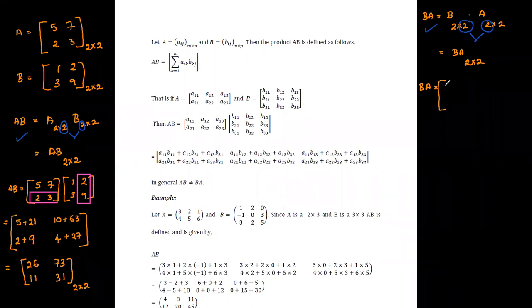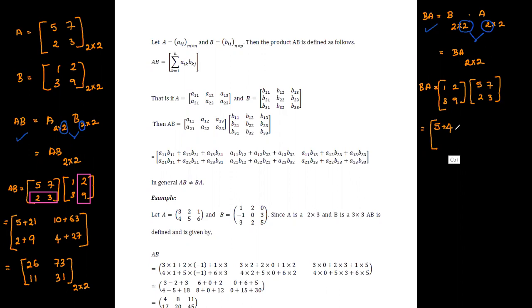Now we'll try to obtain this matrix product BA. Matrix B is given as 1, 2, 3, and 9. Matrix A is given as 5, 7, 2, and 3. Now if you perform the calculations as previously, then first row multiplied with first column, it means that 1 with 5 and 2 with 2.